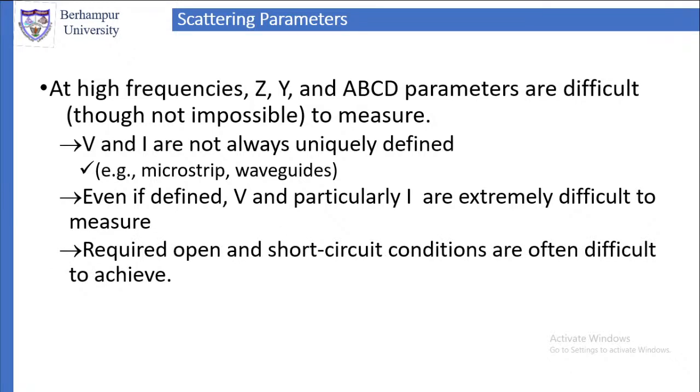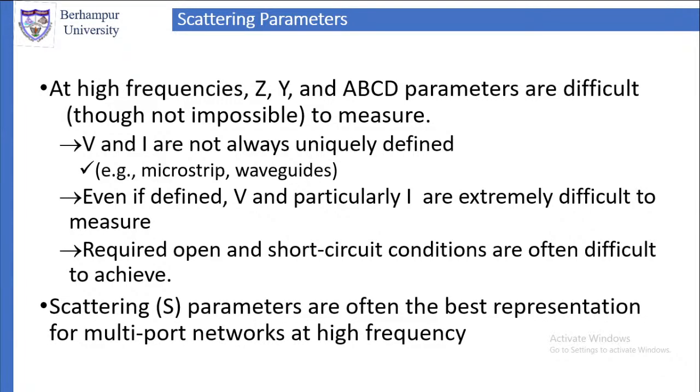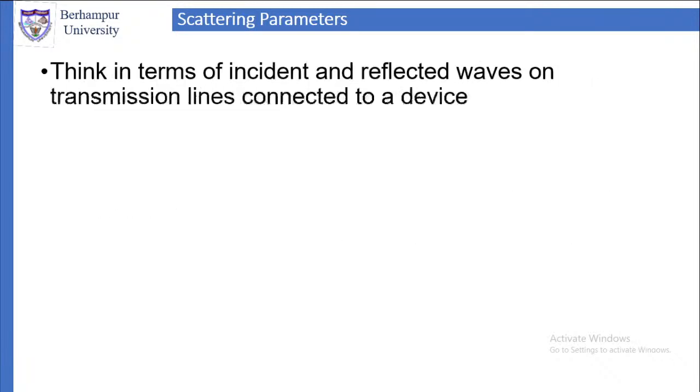This is also important: when we define the Y parameter and Z parameter, we require the current to be 0 or the voltage to be 0 at one of the ports, which is extremely difficult to achieve. Scattering parameters are the best representation for a multi-port network, which means more than one port.